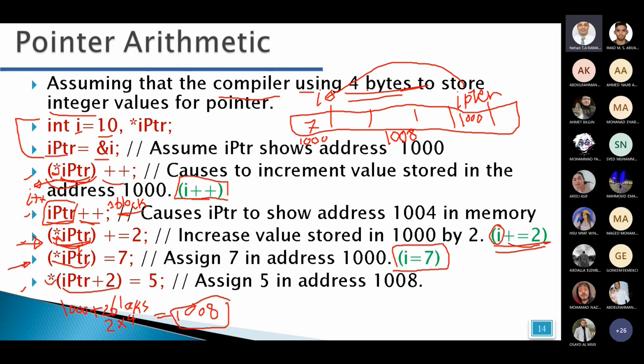Then we said the value inside this address equals 5. So we stored 5 here at the address 1008. So this means assign the value, star means the value at this address. How to calculate this address? The value inside iptr, which is 1000, plus 2 blocks. 2 blocks means 8 bytes. So the value inside the address 1008.